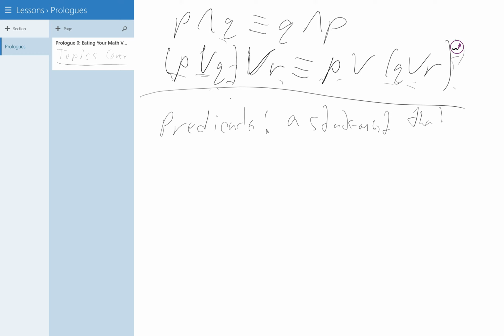that is neither true nor false until the values of its variables are defined. Because remember, this is not a propositional statement. This is just a general statement, right?